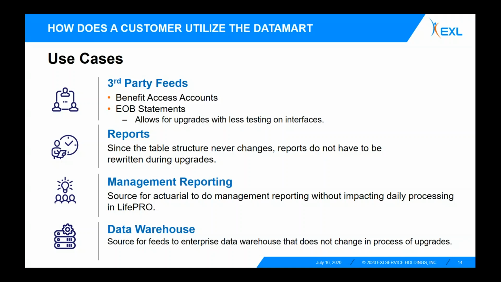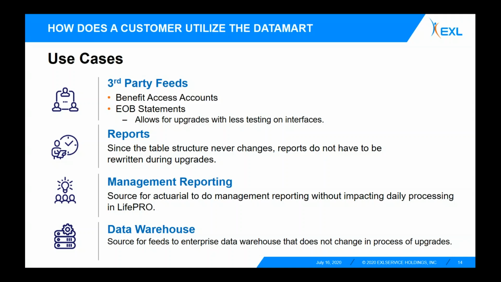I think it's important to look back in time at what used to happen when you did an upgrade before the DataMart was in play. At Cincinnati, we would upgrade the base software, so we'd put our custom code in place. Then we would have to do all the code around the interfaces. So if a table changed within LifePRO or they moved data around, we would have to update the COBOL program to pull that data out, because it's usually in copybooks.